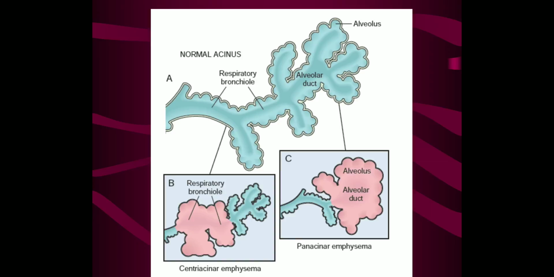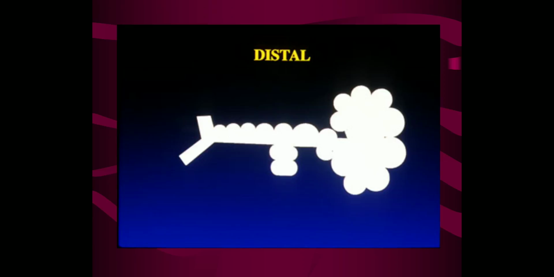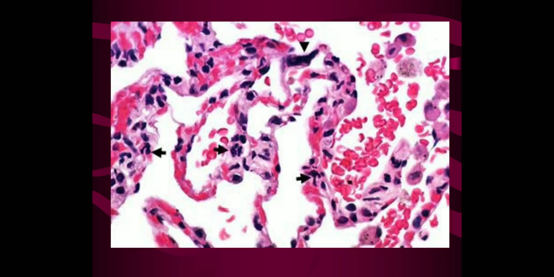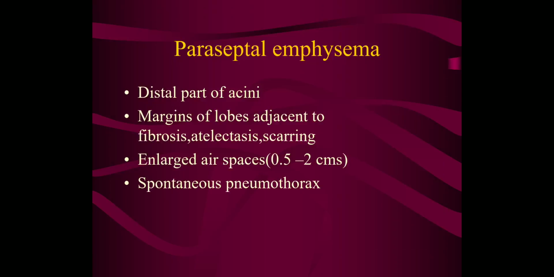Okay, so here you can see the distal part of the alveoli is enlarged. Same thing in the microscopy: there will be septal degeneration and septal destruction.